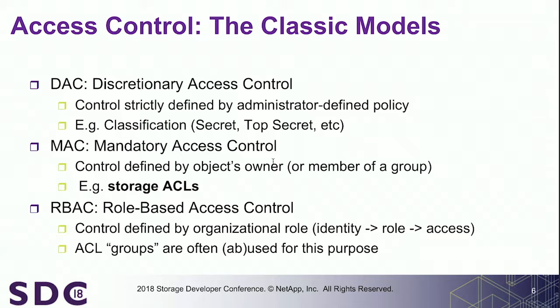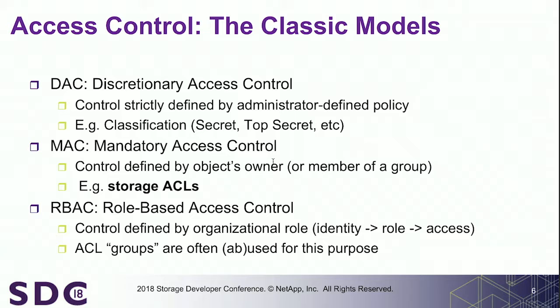And then there's role-based access control. This is kind of considered the state of the industry. There's improvements beyond this, but this is considered best practices. And it's in essence adding a layer of indirection. You've got your identity, you've got your organizational roles. I may be an administrator of this data, I may be a user of this data, et cetera.